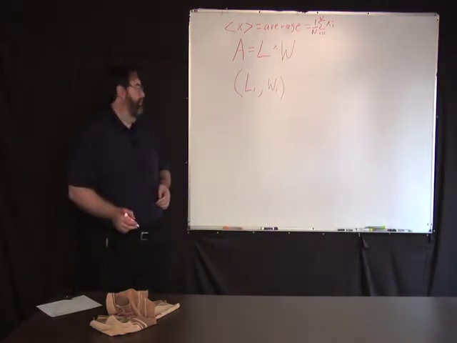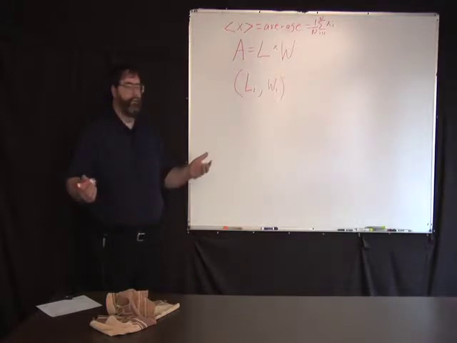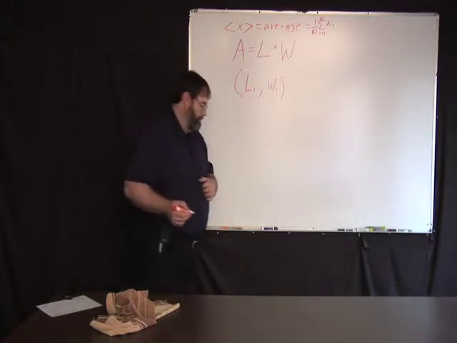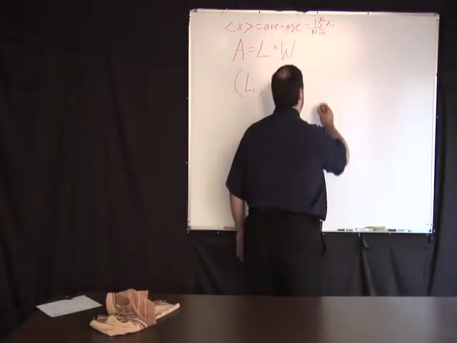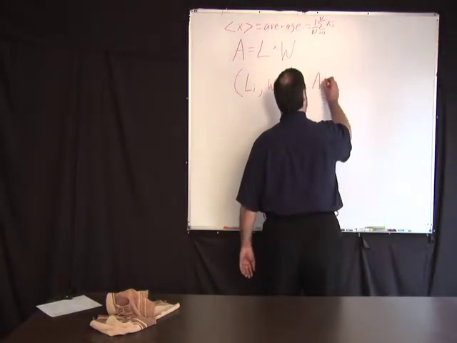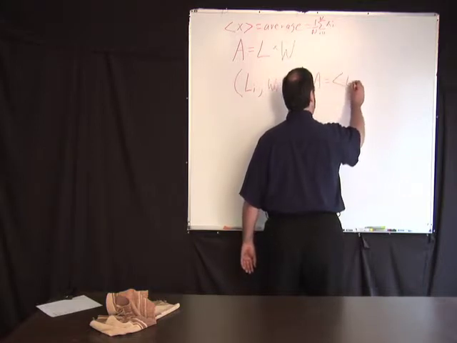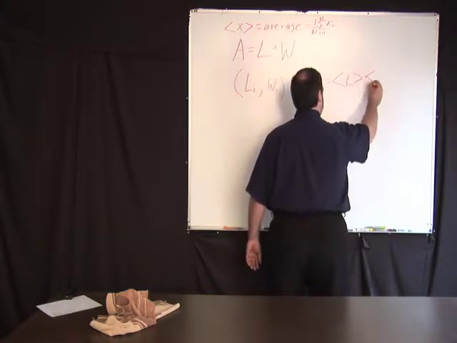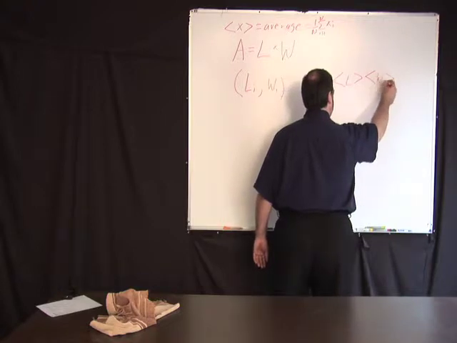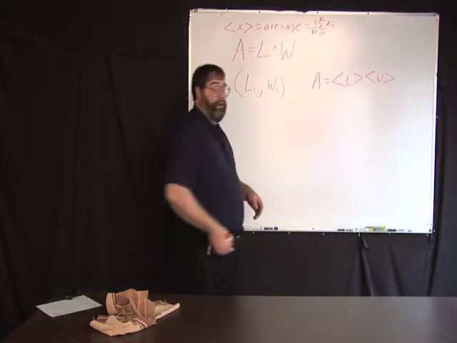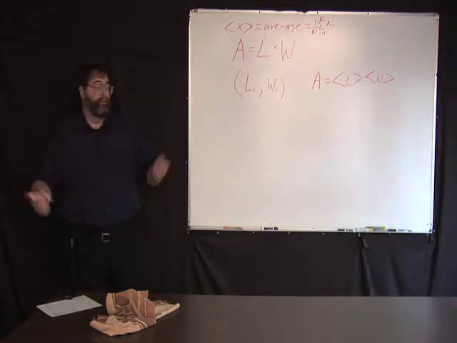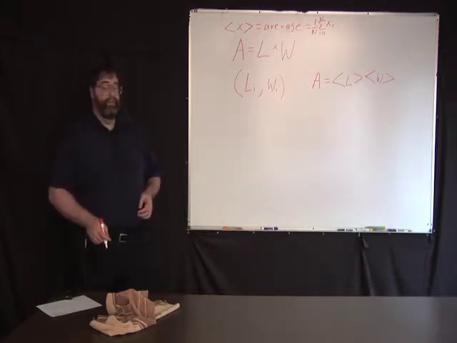What's the area? Well, there are 2 ways we can compute it with this data. One way, you could take the average of the length data and multiply it times the average of the width data. Perfectly legitimate way to do the calculation.